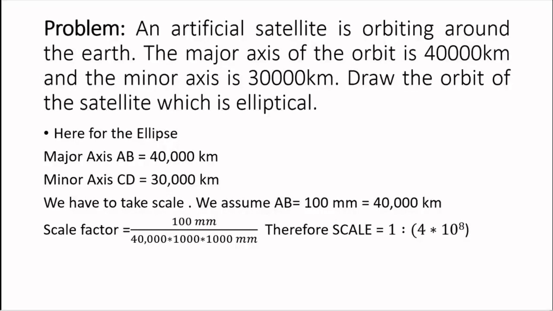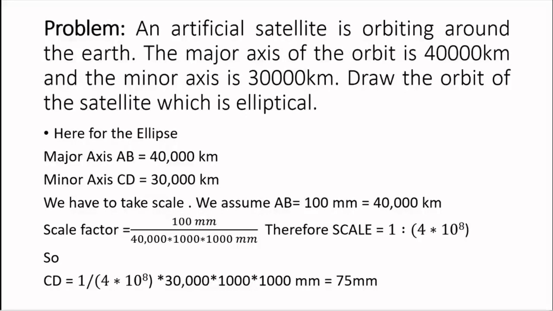Now, what should be the length of CD? If I have a scale factor of 1:4 × 10^8, I will directly multiply the scale factor with 30,000 kilometers converted into mm. So 30,000 multiplied by 1000, that is in meters, multiplied again by 1000, I will be getting in mm.